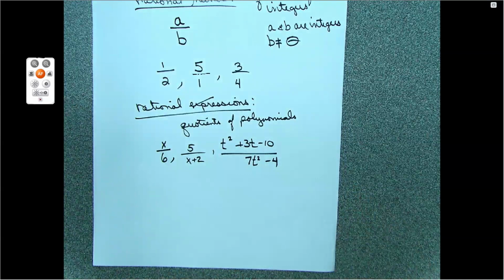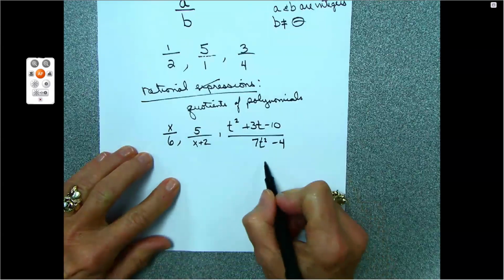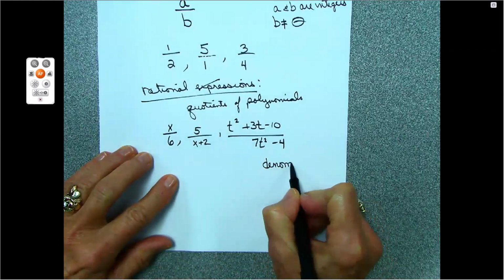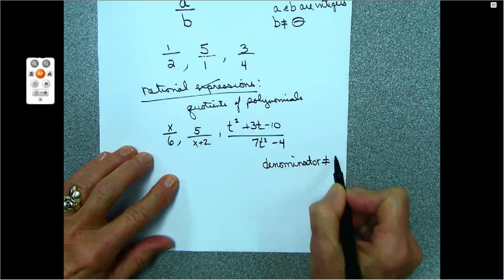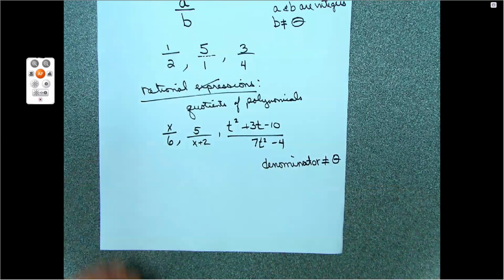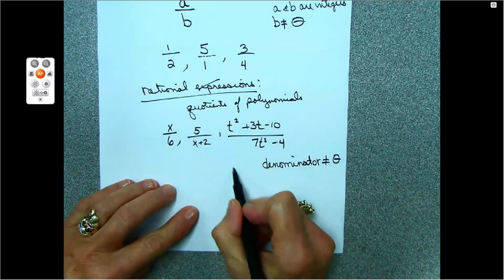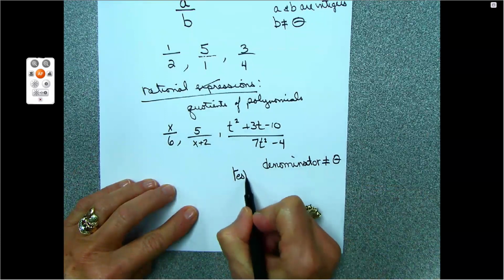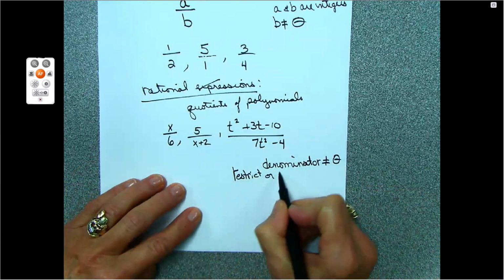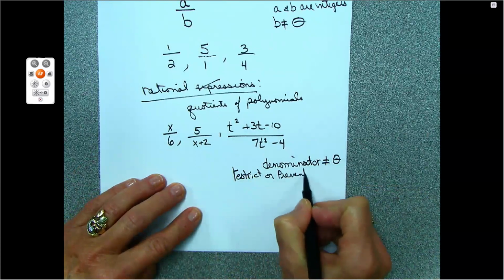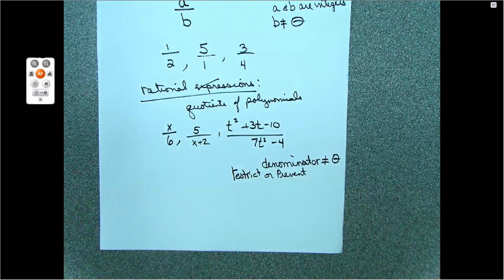So we're looking at a polynomial divided by a polynomial where, again, the denominator cannot equal 0. So we say we need to restrict or prevent the denominator from taking on a value of 0.